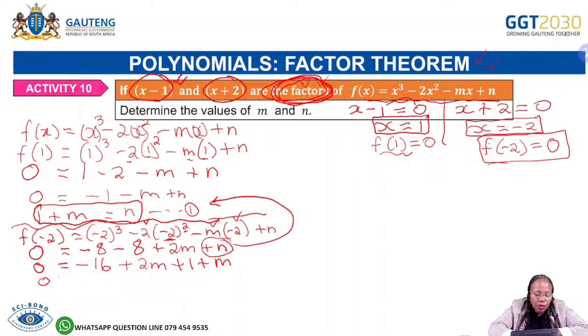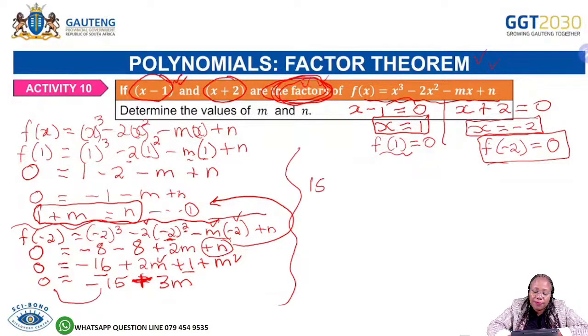That will be 0 equals to minus 16 plus 1, minus 15 equal to 2m plus m. That is not equal to greater, that is plus 3m. And then now from here we transpose minus 15 to the left hand side. It will be positive 15 equal to, this side we are left with 3m. Then we divide both sides by 3. And then m will be equal to what? 5.